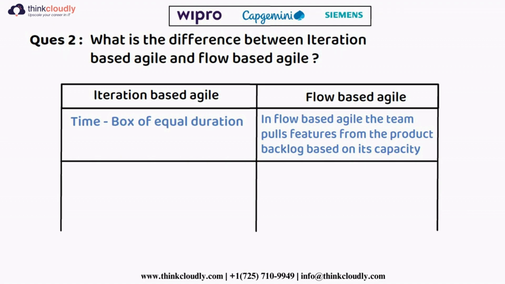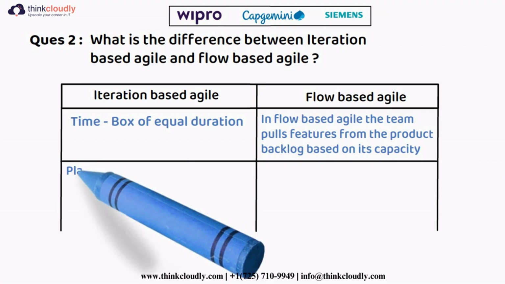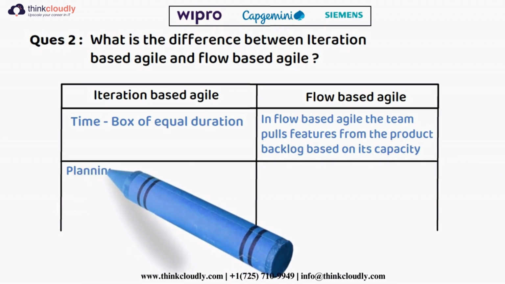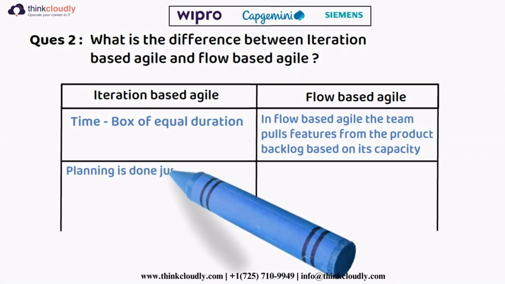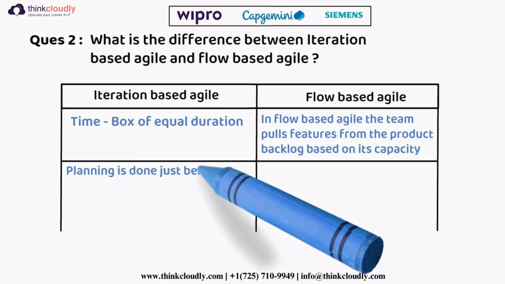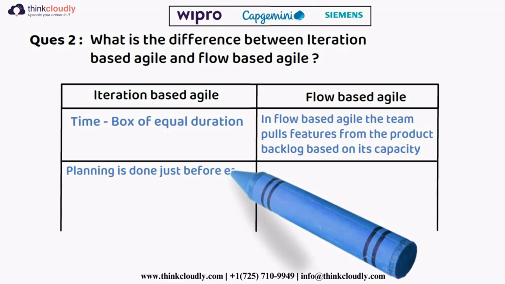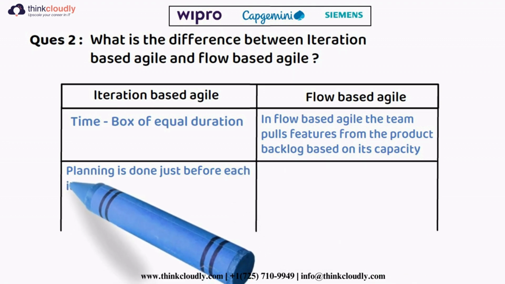The second difference is planning. In iteration based agile, planning is done just before each iteration.